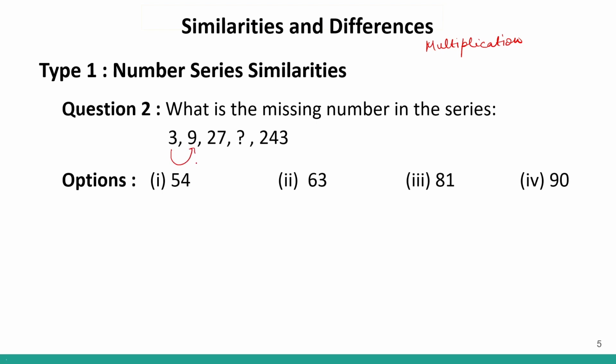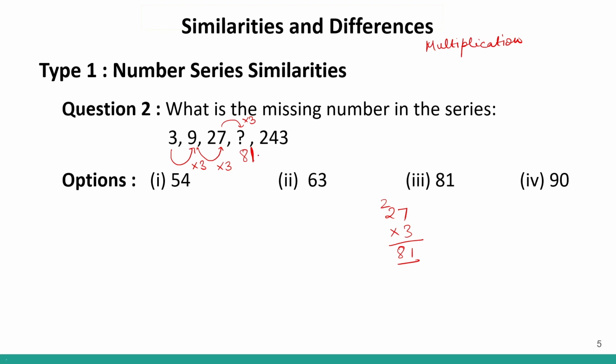From 3 to 9 is multiplication by 3. Similarly, from 9 to 27 will be multiplication by 3. So we have to multiply 27 by 3 to obtain the next missing element. So if we multiply 27 by 3, we'll get 81.